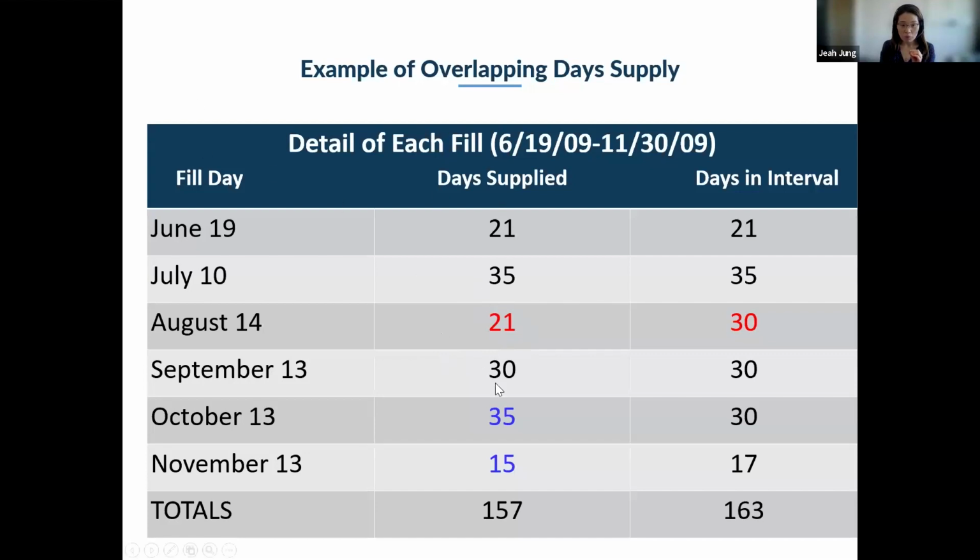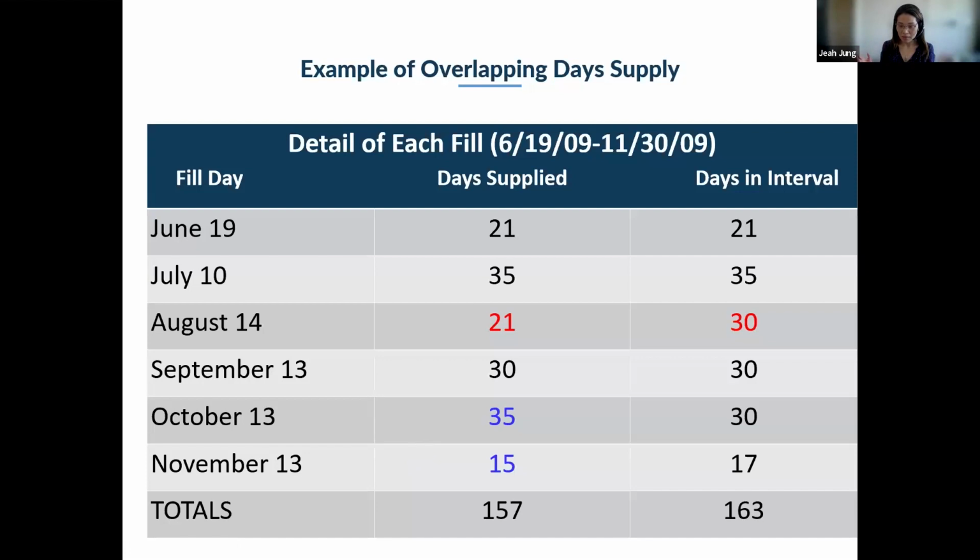But when you go down here to October 13th, this patient picked up 35 days of medication, right? But he or she came back 30 days later. This means that the patient likely has 5 days of medication in excess, right?